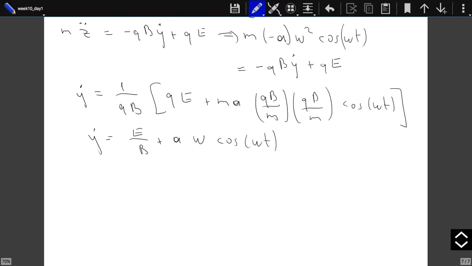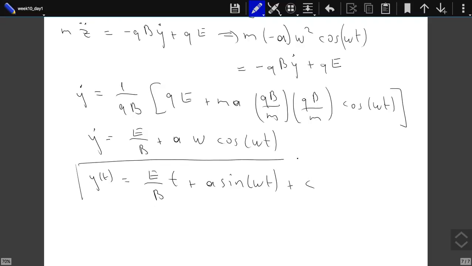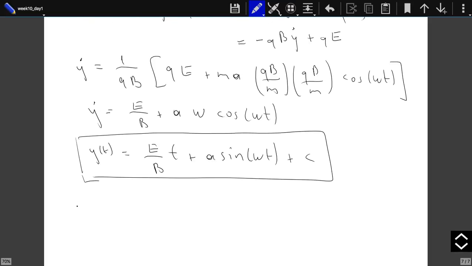This is y dot. Or y of t should be equal to E over B times t plus A times sine omega t plus some constant C. Now I will impose my boundary conditions.